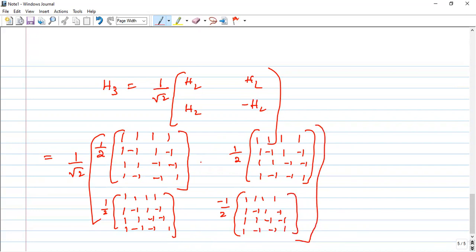Now take common 1 by 2. That is equal to 1 by 2 root 2 of the matrix.